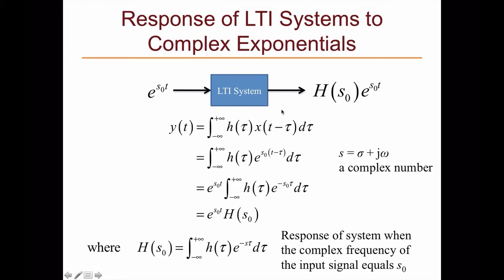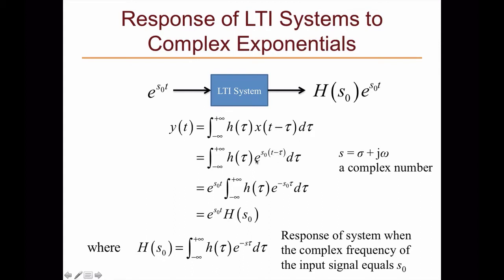From the convolution relationship, we have y(t) equals the integral from minus infinity to infinity of h(tau) x(t minus tau) d tau, as a way to process the input and generate the output. If the input x(t) is e to the s0t, then x(t minus tau) becomes e to the s0(t minus tau), by replacing the independent variable with t minus tau.